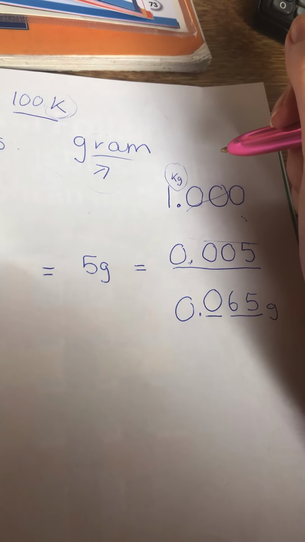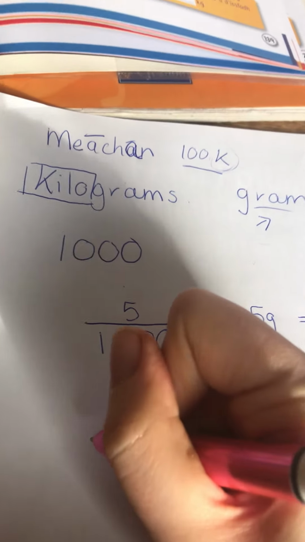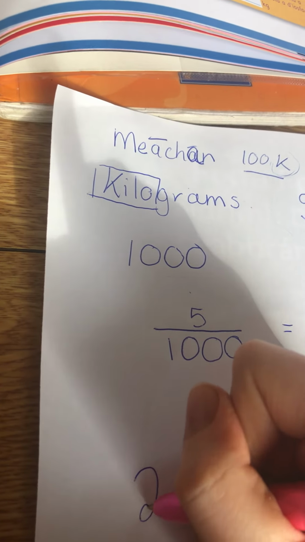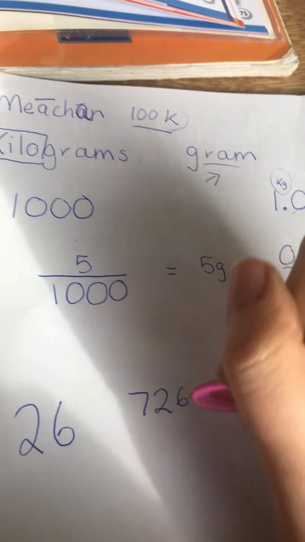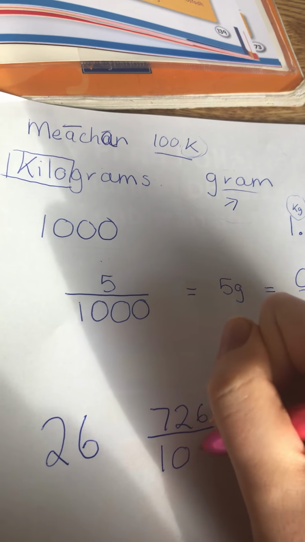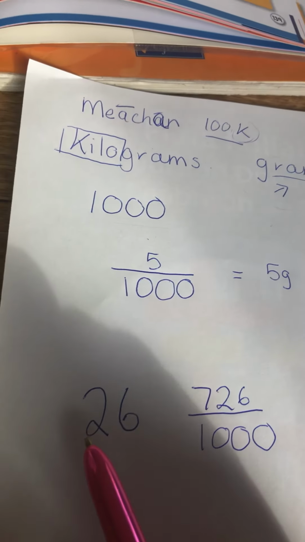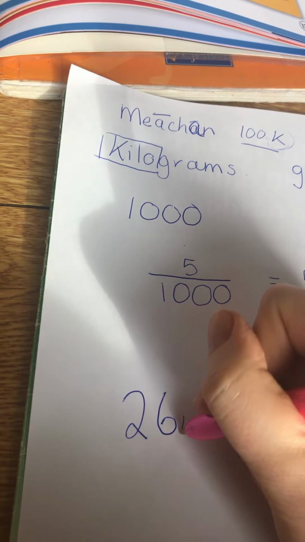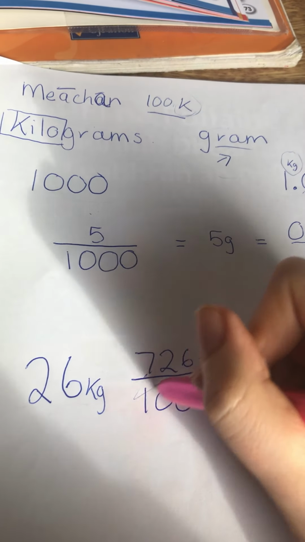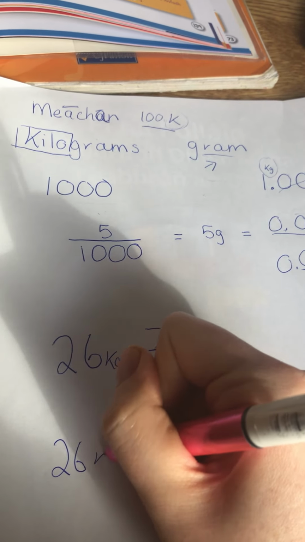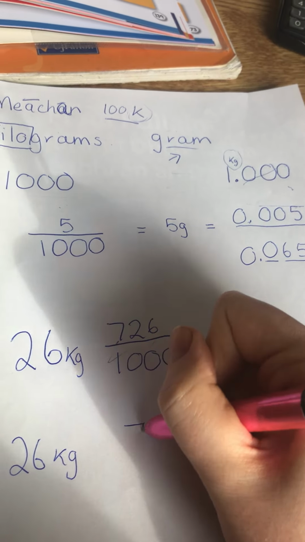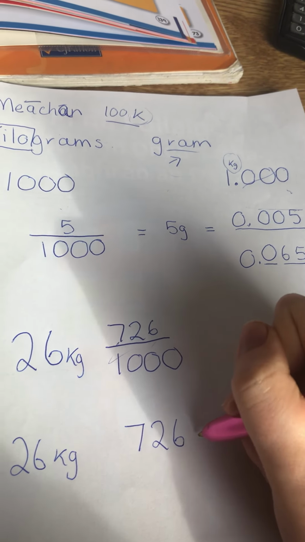Okay, so the one that your dad said you were mixed up with was 26 and then 726 over 1,000. That just means 26 kilograms, and you could forget about the 1,000 there, and you could say 26 kilograms and then 726 grams.